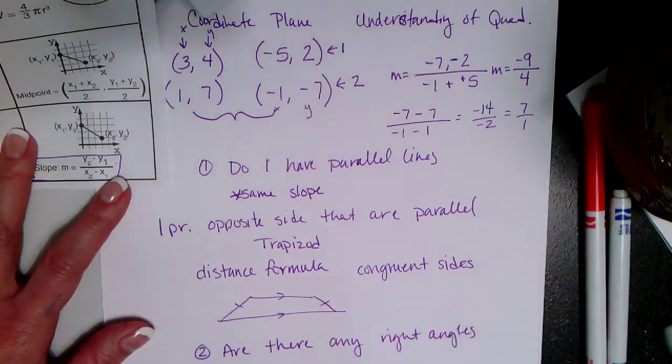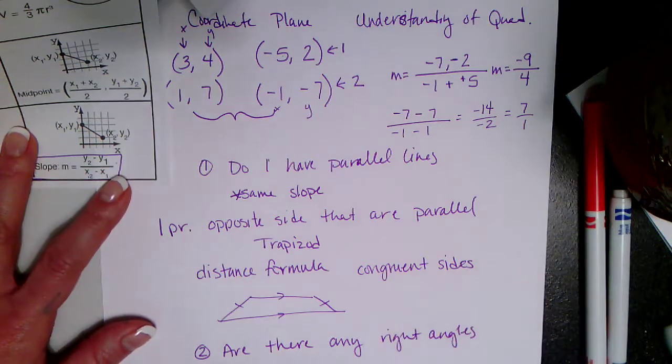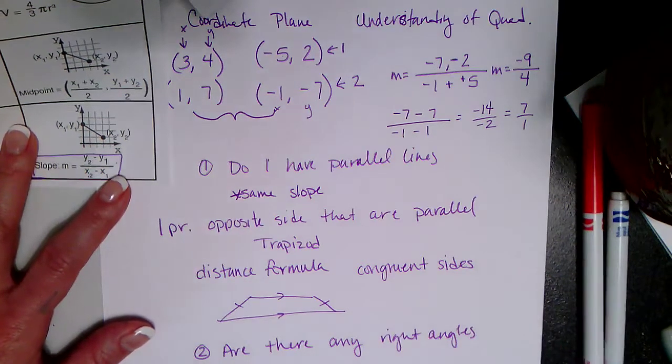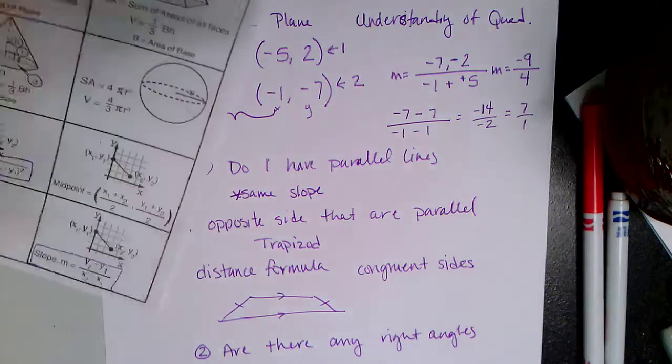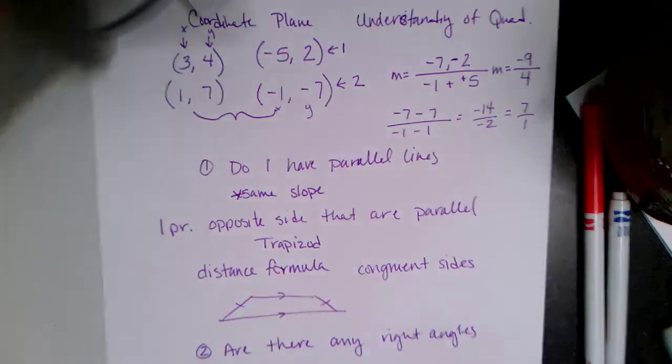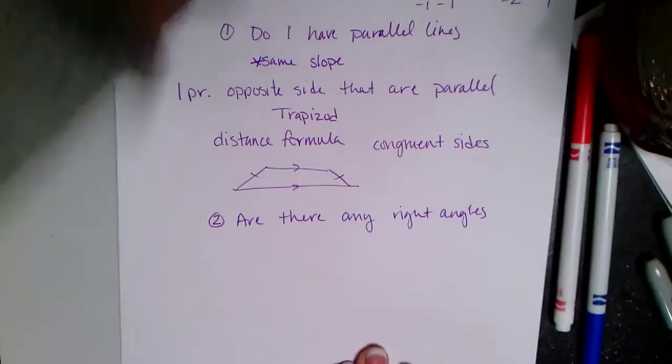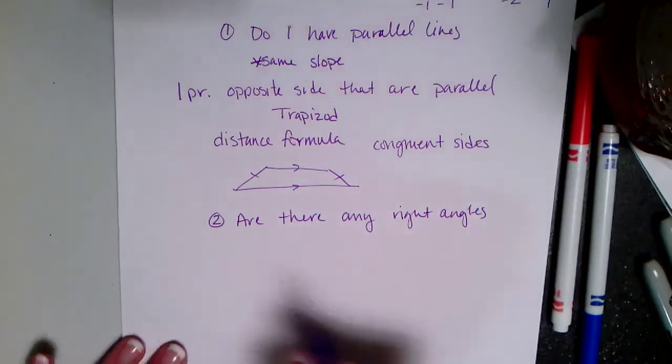The right angles are really important because that's going to tell us if we've got a square or a rectangle. And to determine if we have right angles, we look at the slopes. The slopes are going to be perpendicular, opposite reciprocals to be perpendicular.